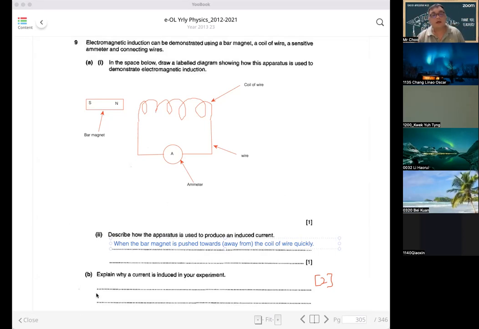Then for part B, you need to explain why this action will produce a current. So let's say we talk about pushing in the magnet itself. Let me just write here.